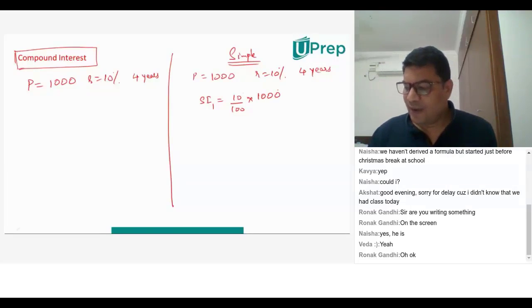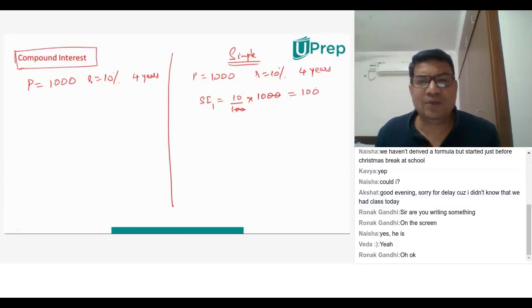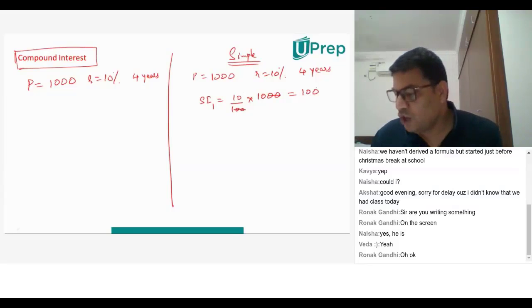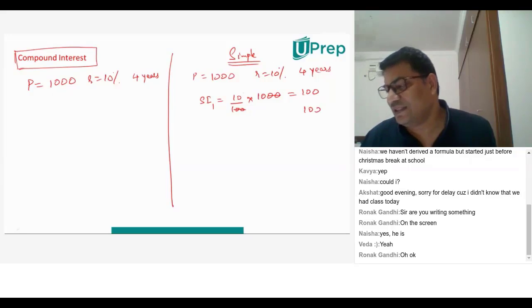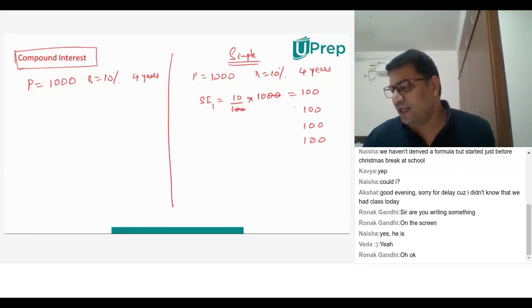So 10 by 100 of 1,000 is 100 rupees, the interest that you earn in the first year. Once again, you earn 100 rupees in the second year, in the third year also, and the fourth year also. So totally, you earn an interest of 400 rupees.